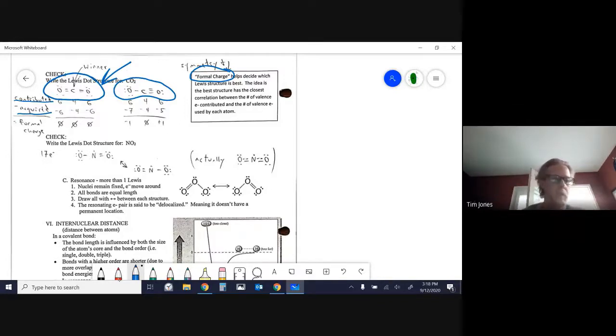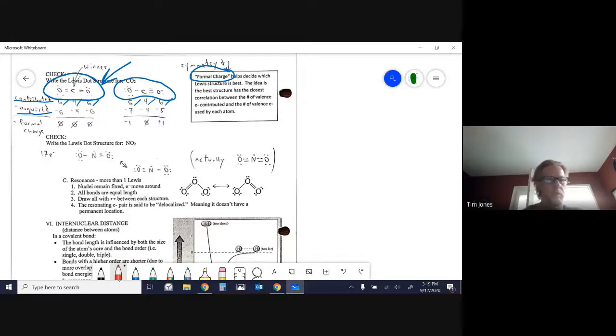So if we look at the left version, oxygen contributes 6 every time. I'll also look at the right version at the same time. Carbon contributes 4. That's going to be the same no matter how you draw it. The acquired is how I'm going to look at what's in the drawing.